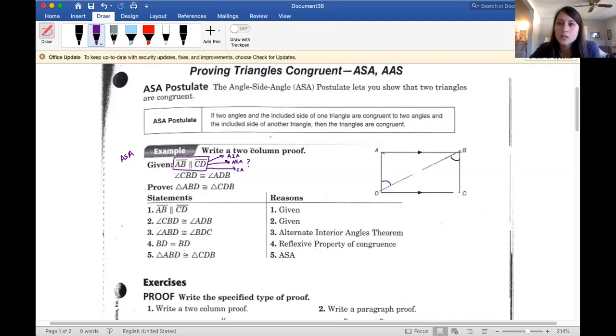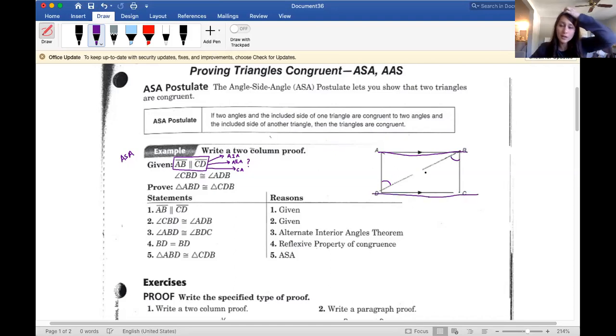And so to keep it simple, anytime we're given parallel lines, we're probably going to have two parallel lines and a transversal, and we're going to name some type of angle relationship that uses this type of drawing or information there.